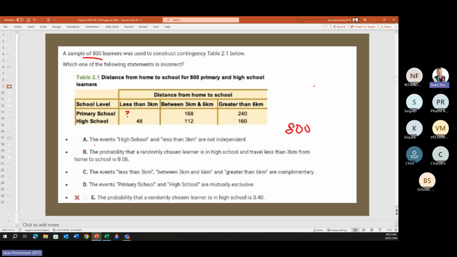So first we went high school and less. Okay, and we're looking for the incorrect one. Events high school and less than 3 kilometers are not independent. Okay, so is there an easy way to do that?